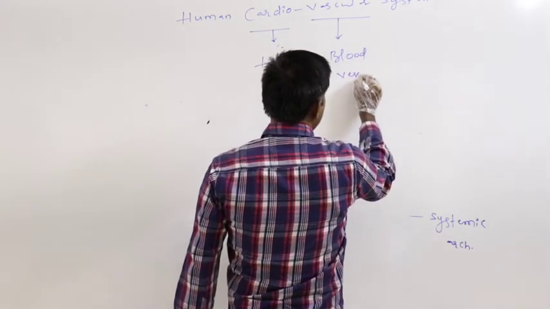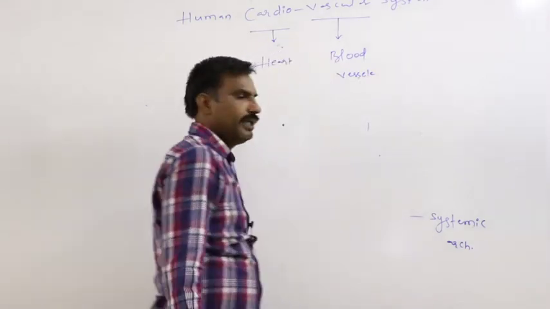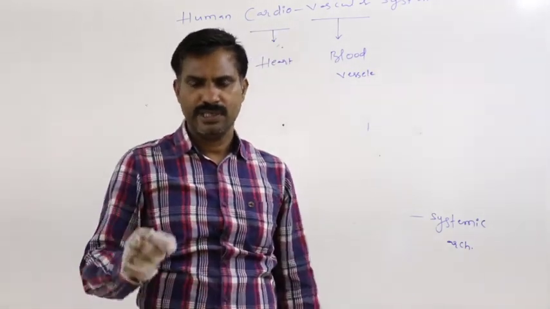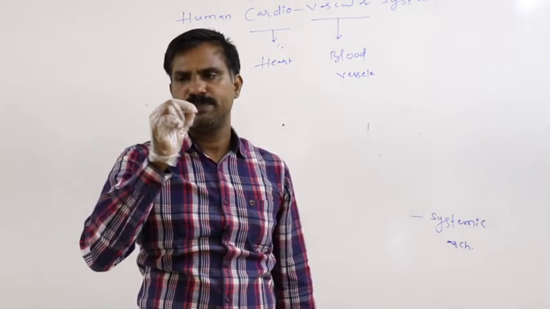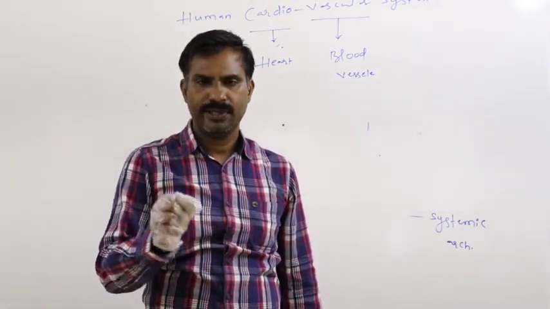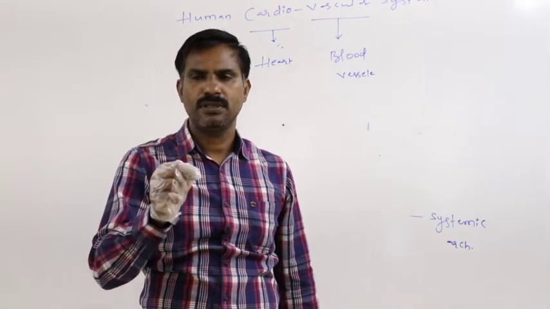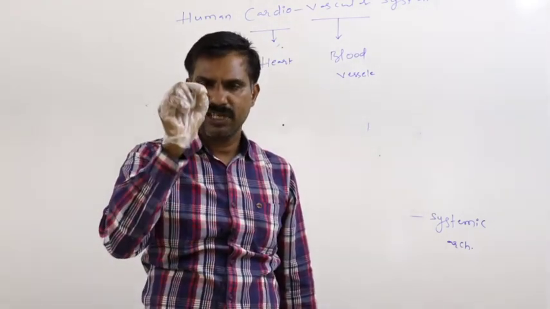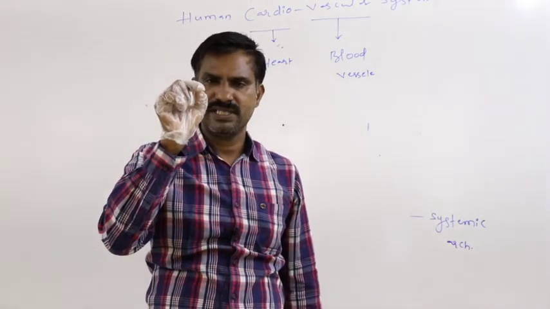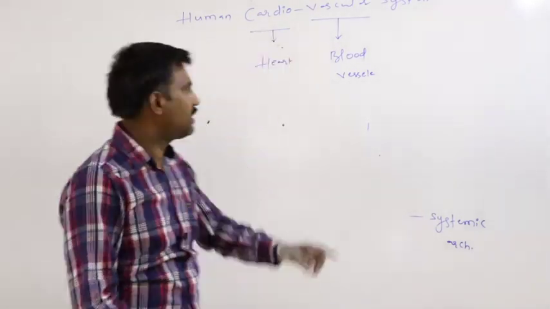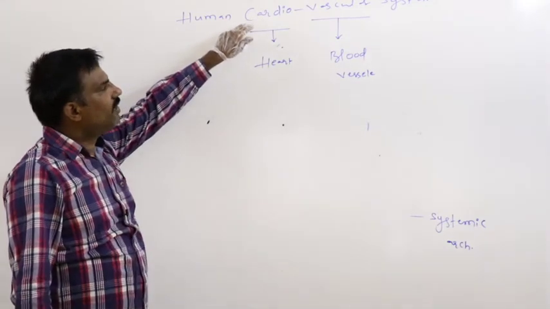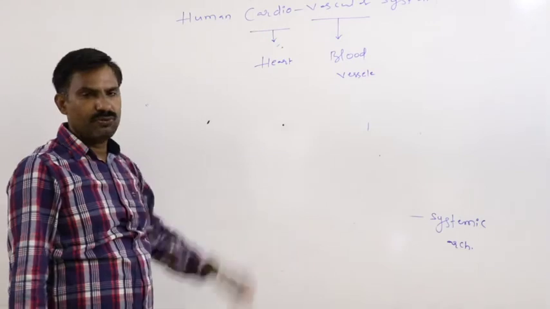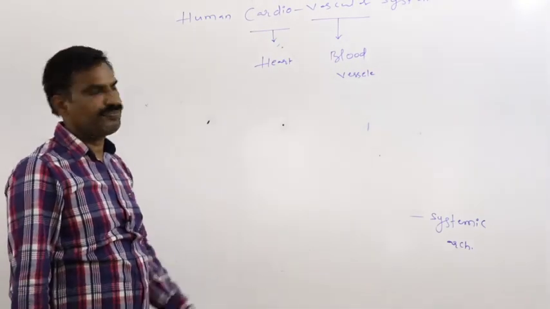In the circulatory system of humans, a muscular heart is present that always pumps blood into the blood vessels, so blood is always circulated through the blood vessels. That is why this is said to be the cardiovascular system or human circulatory system.